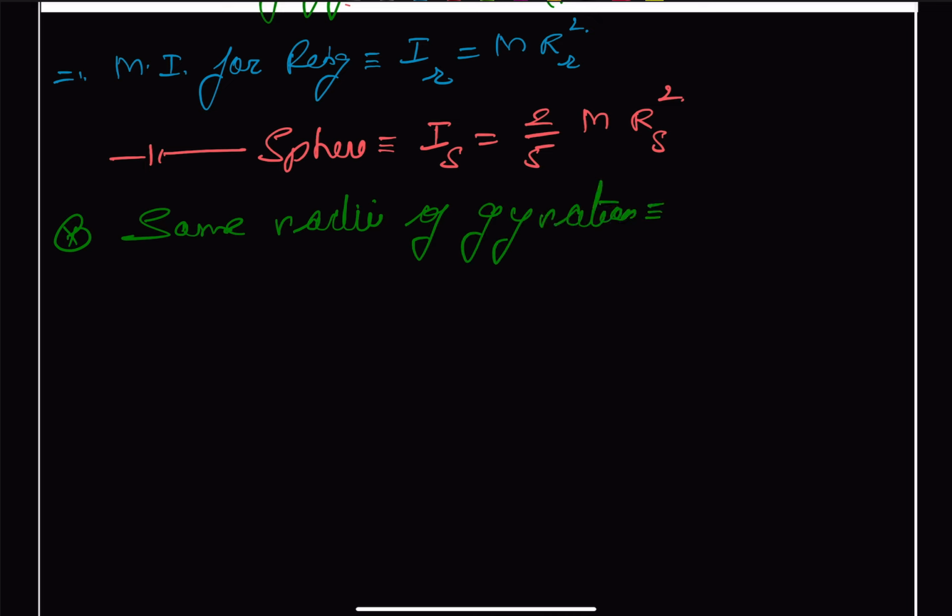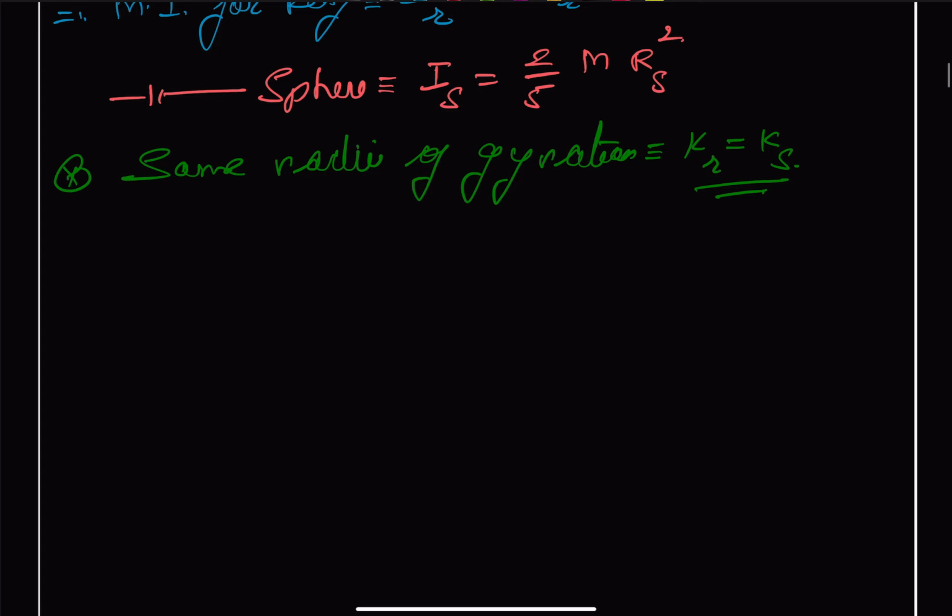It means K for ring is equal to K for sphere. And we can write this as square root of moment of inertia for ring divided by mass is equal to moment of inertia for sphere divided by mass.